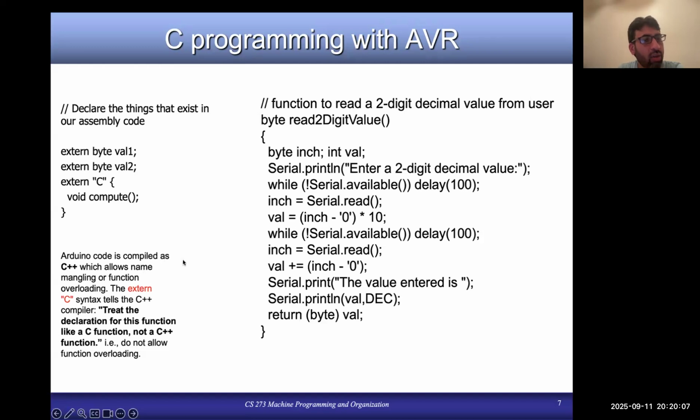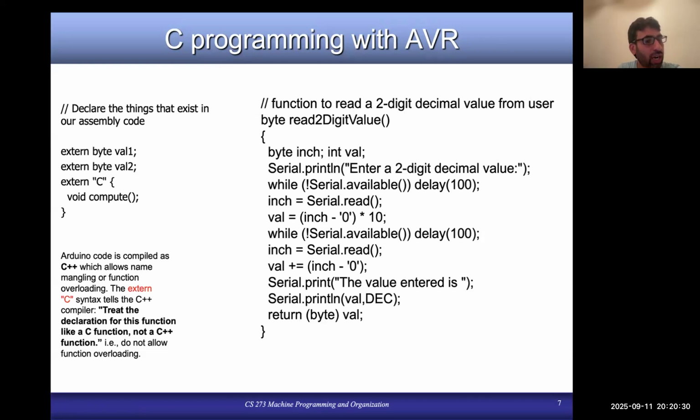The thing is that Arduino by default compiles your code as C++ code. Now in C++, you can overload functions. You can have the same function, but it can have different meaning at different times depending upon what parameters you are providing to the function, right?